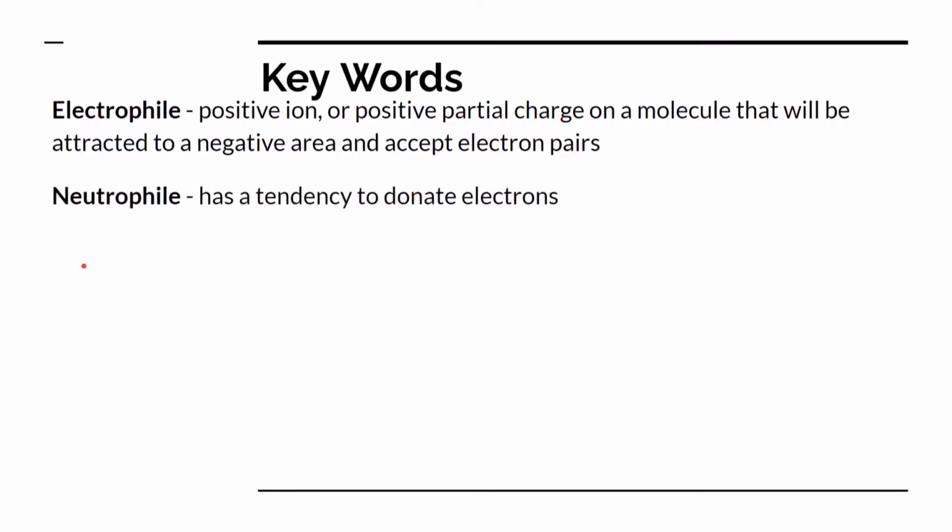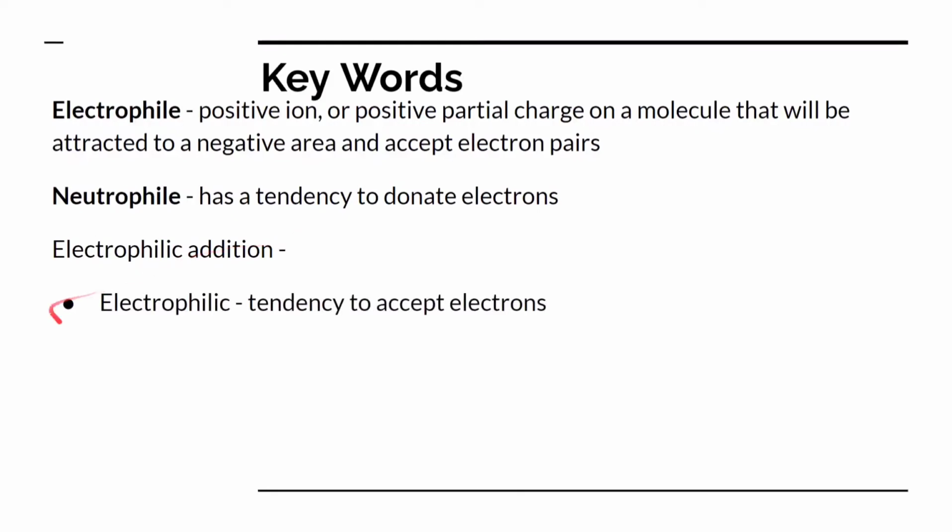And the opposite of an electrophile is a nucleophile, and instead of accepting electron pairs, it has the tendency to donate electrons. And electrophilic addition is what we'll be looking at today, and we have to break this definition down into two parts.